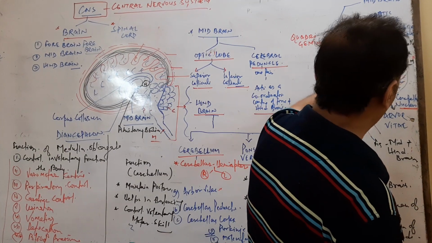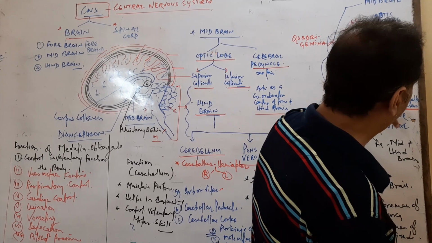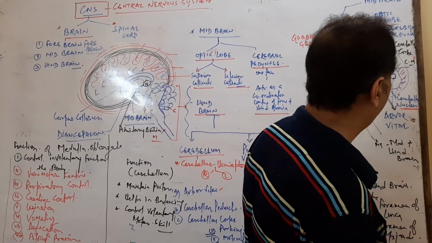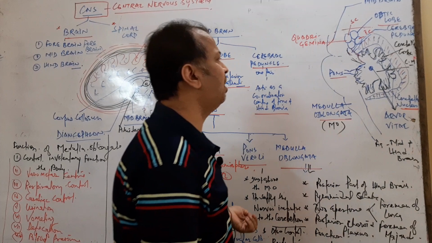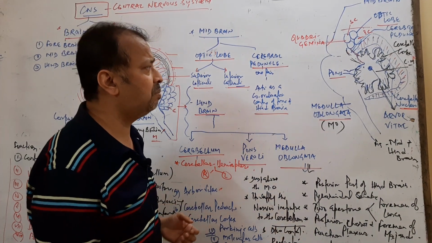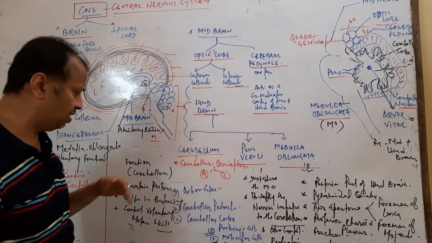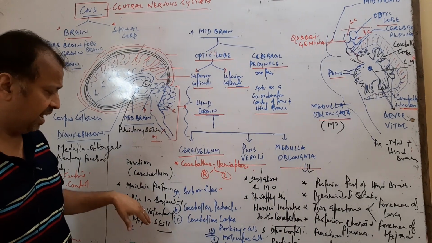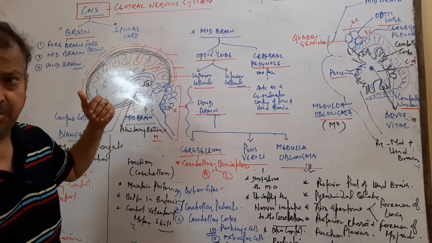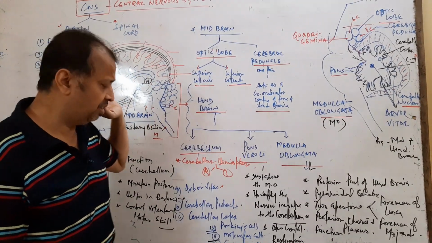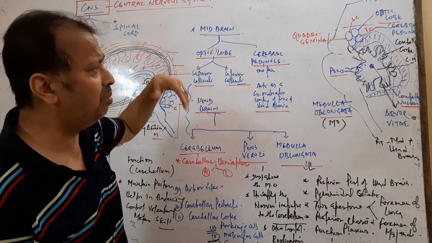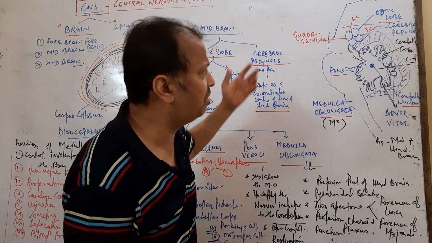That tree is called arbor vitae, and in the center it is called the cerebellar nucleus. The cerebellar hemisphere is also differentiated into two parts: cerebellar cortex and cerebellar medulla. The cortex contains various types of cells called Purkinje cells, molecular cells, and granular cells. So this is all about the structure of the cerebellum.